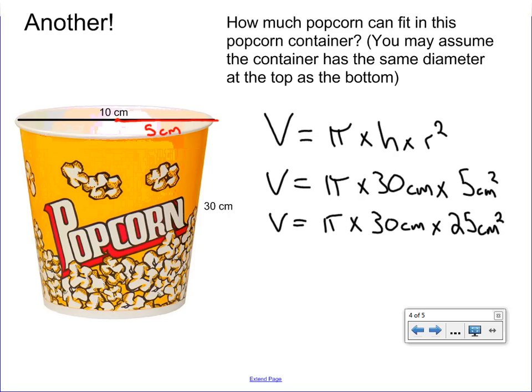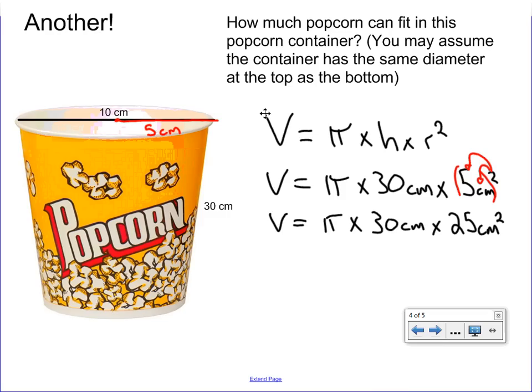I hope you can see the difference between these two. Like I've said before, we're lazy as mathematicians, but think of the 5 centimeters all squared. We have to square both the centimeters and the 5, and 5 squared is 25, and centimeters squared is centimeters squared. Hopefully that helps.